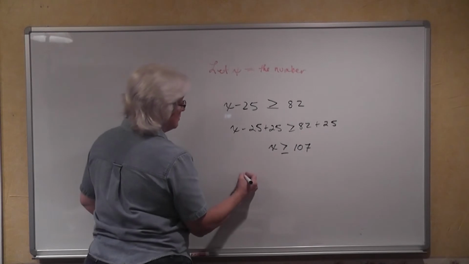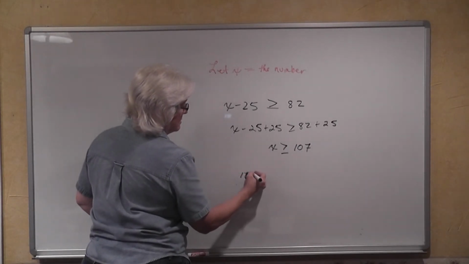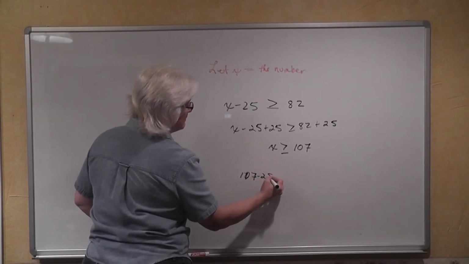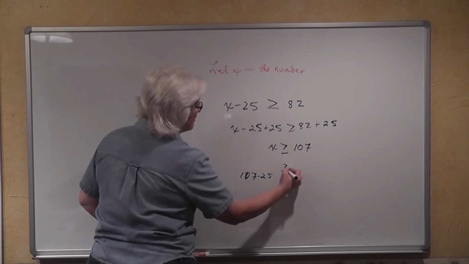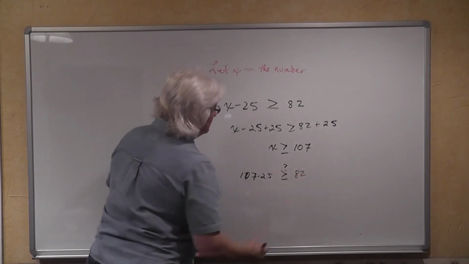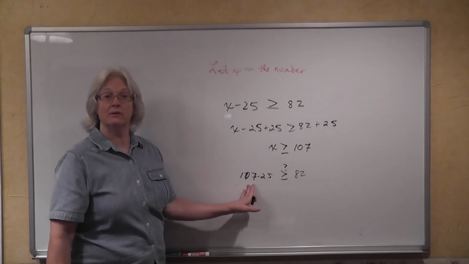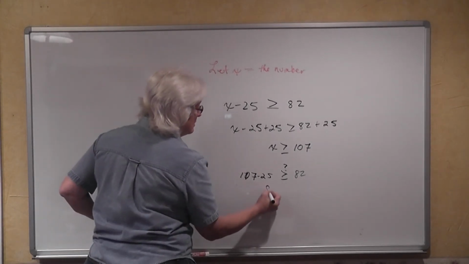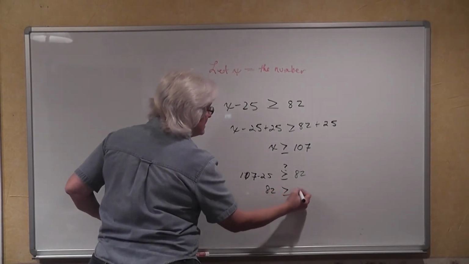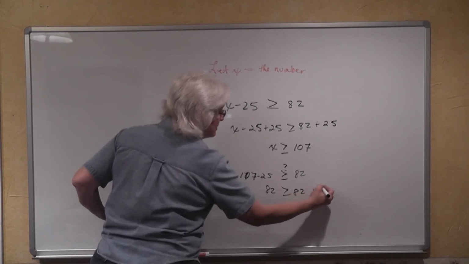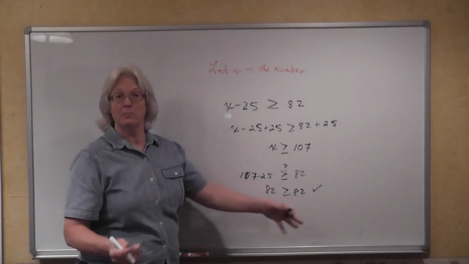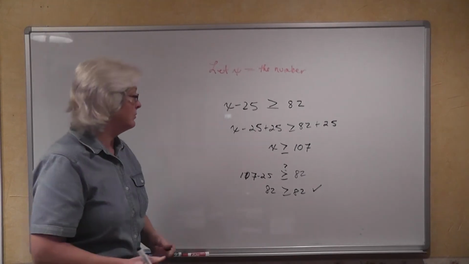Let's see what happens with 107. 107 minus 25, is that greater than or equal to 82? What's 107 minus 25? It's 82. And 82 is not greater than 82, but it is equal to it, so the problem works.